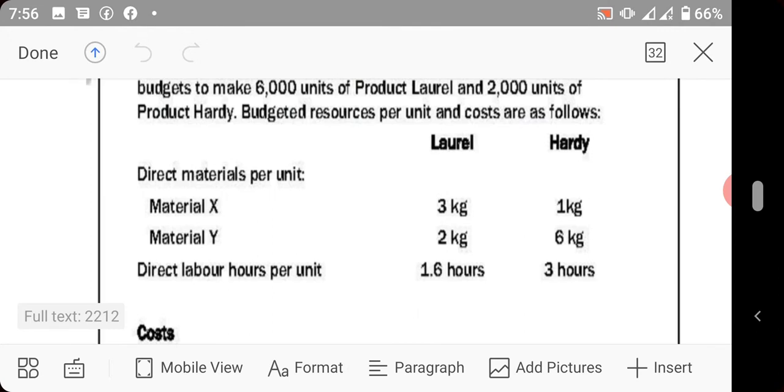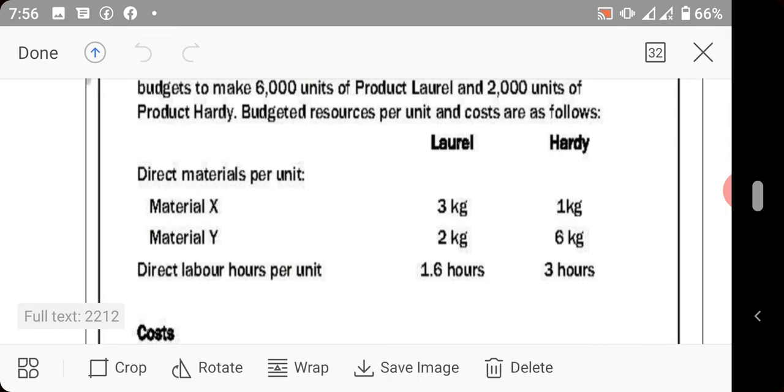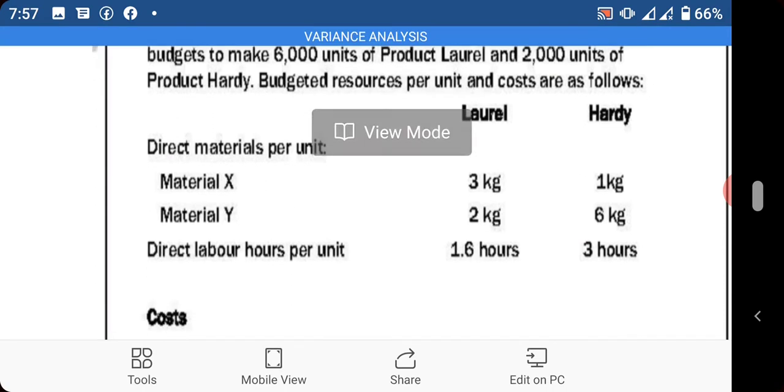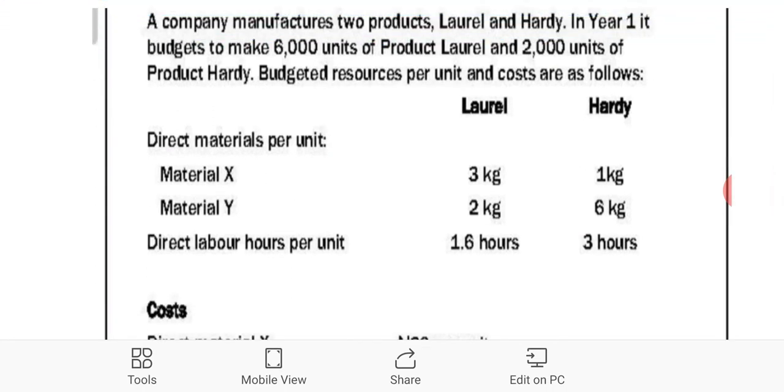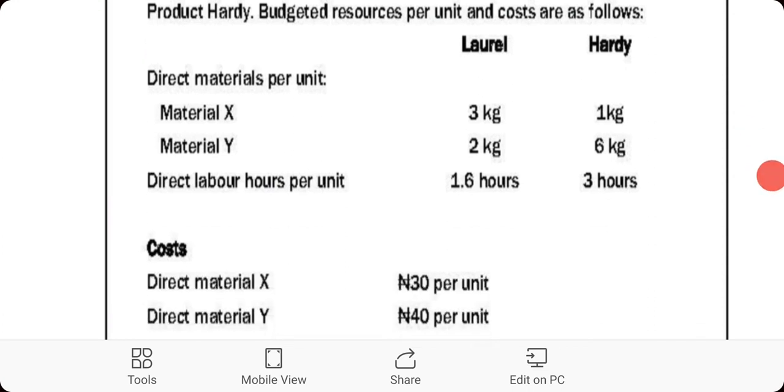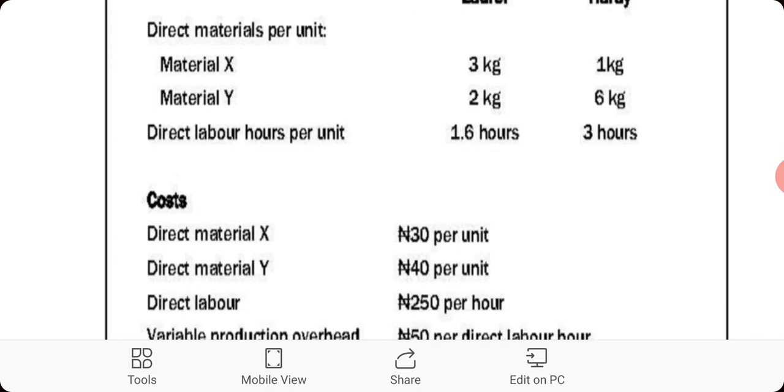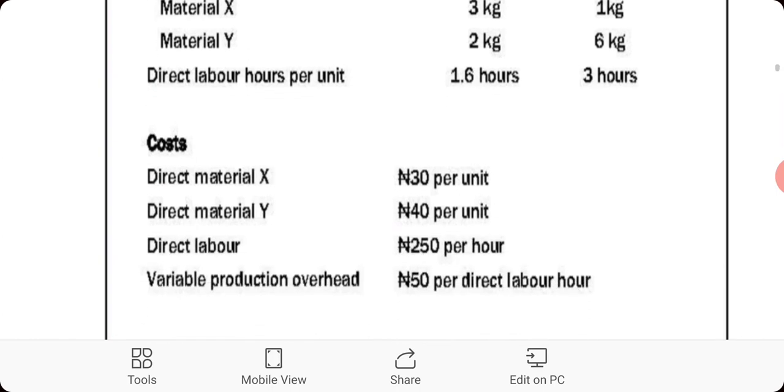To produce Laura, we will use 3 kg of material X and 1 kg of material Y. For Hardy, we'll use 2 kg of X and 6 kg of Y. Direct labor hours are 1.6 hours for Laura and 3 hours for Hardy. Then the costs for material and labor are given.